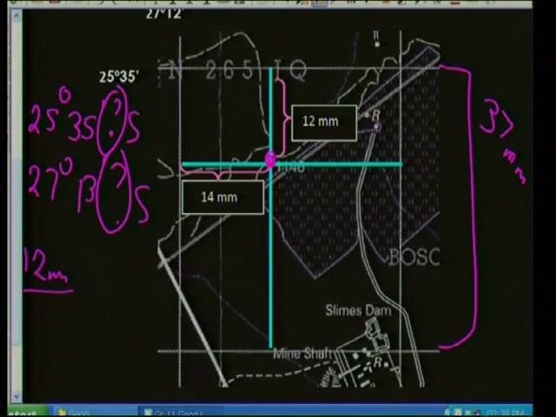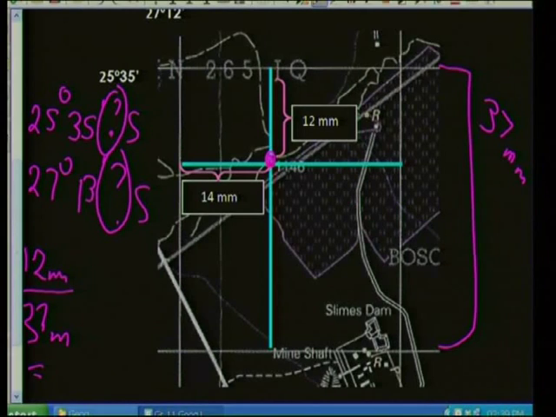So I put 12 over 37 millimeters, and all I do is take my calculator, switch it on first, and say 12 divided by 37, and I got an answer of 0.32, which is equal to 0.3.